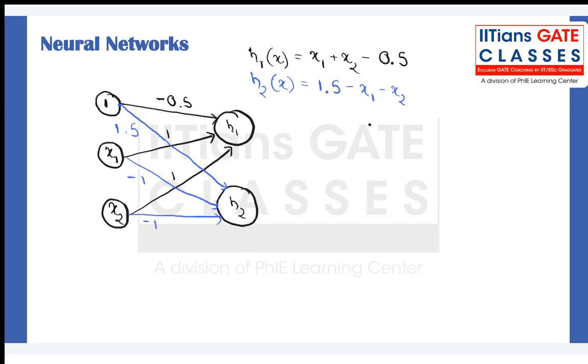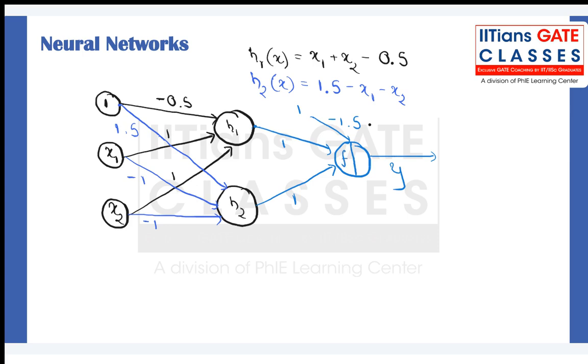So if I connect these two inputs to another neuron, that is nothing but my AND classifier, and it gives me the value of Y. And it's an AND classifier, so I will also have my bias, and the weight of this bias is minus 1.5. This is 1, this is 1, this is my F, this is my A.